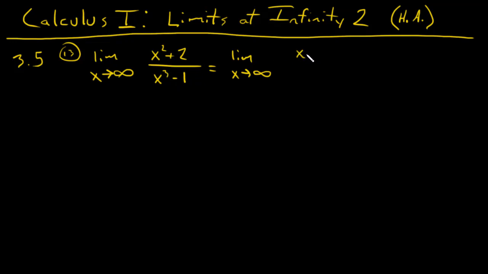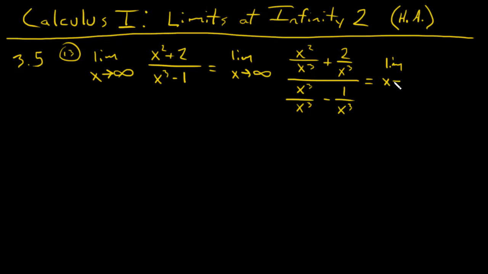So I'm going to wind up with x squared divided by x cubed plus 2 divided by x cubed, over x cubed over x cubed minus 1 over x cubed. Well, that's going to be the limit as x approaches infinity of 1 over x plus 2 over x cubed, over 1 minus 1 over x cubed.